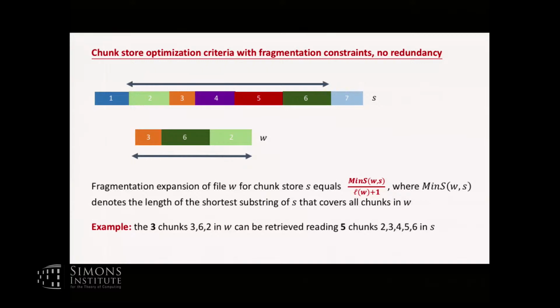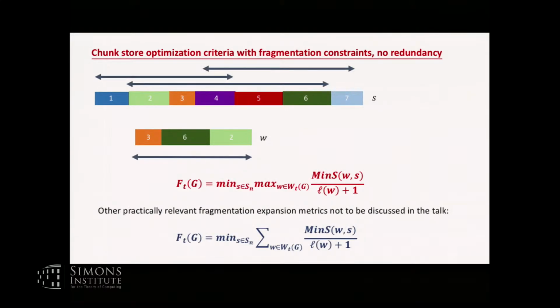So for example, if I want 362, I need to read 2, 3, 4, 5, 6 and remove the chunks 5 and 4, and I am not doing a good job if I'm spreading the chunks out too much. So my chunk optimization criteria or chunk placement optimization criteria will be this. This FTG is nothing more than a minimum over all permutations in the symmetric group Sn over all n chunks, unique chunks.